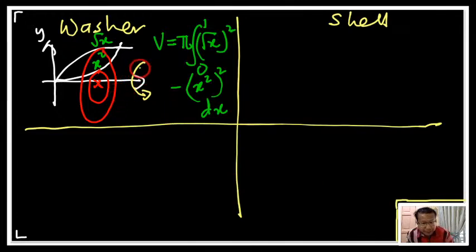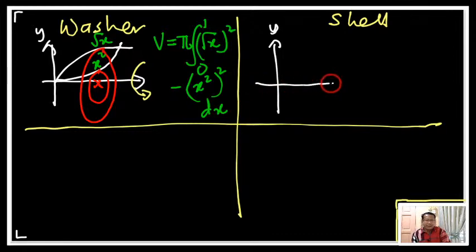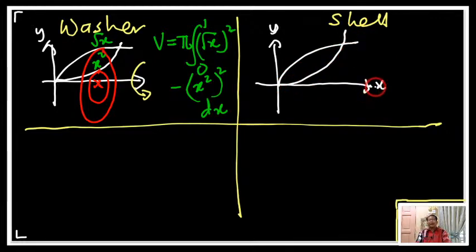The same problem you can solve using shell. I draw the graph again. One is sec x, one is x squared. Okay, shell is like this. This one also rotates about the x-axis. First this is the center. You rotate, you have a circle. But instead of a circle, many circles, you go from left to right.